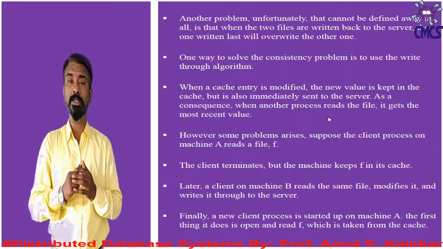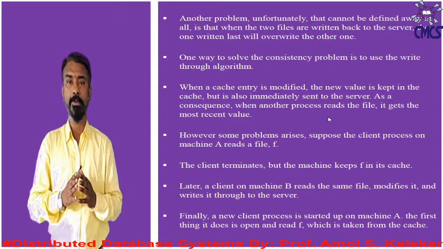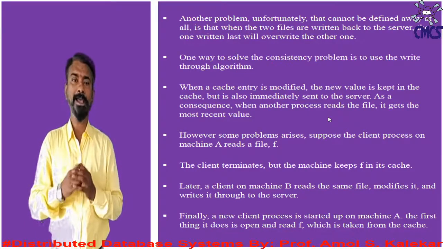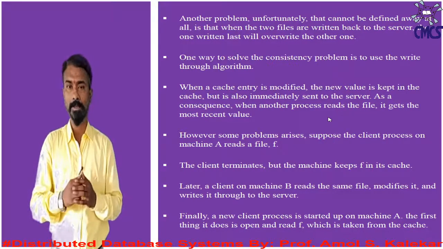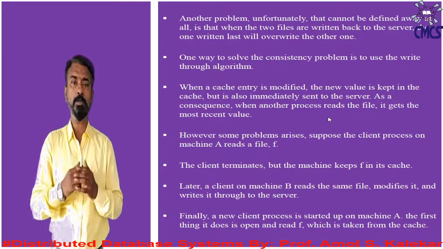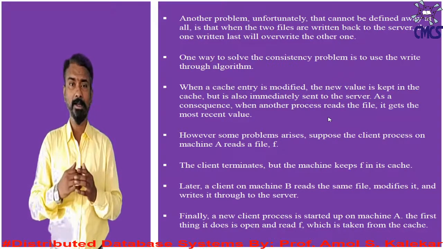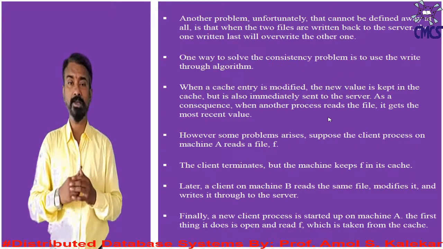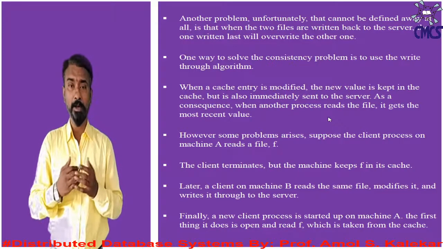Means by using the write through algorithm, we can avoid the issues of inconsistency. Now, in this algorithm, when a cache entry is modified, the new value is kept in the cache, but it is also immediately sent to the server. As a result, when another process reads the file, it gets the most recent value.